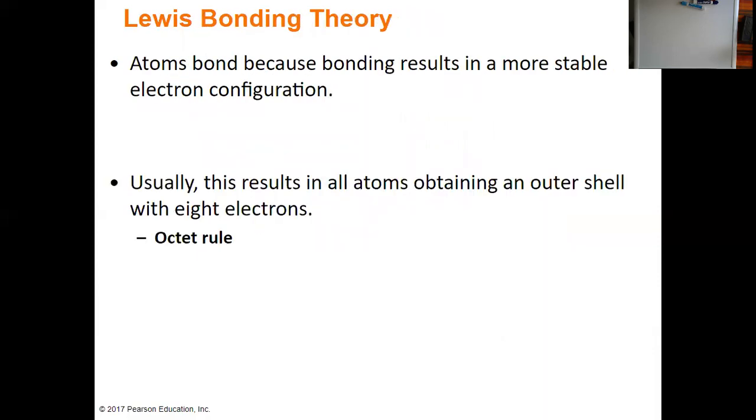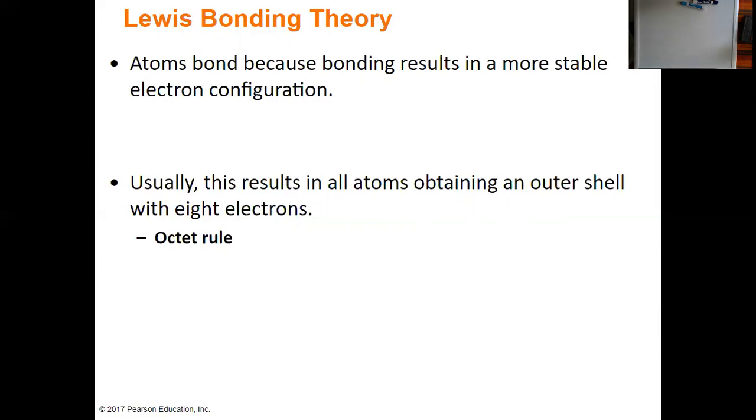When we're talking about Lewis bonding, it's not a surprise that stable electron configurations, or stable structures, are structures that have a lower potential energy than anything else. Atoms are either going to bind together by transferring electrons in an ionic bond or sharing electrons with covalent bonds.